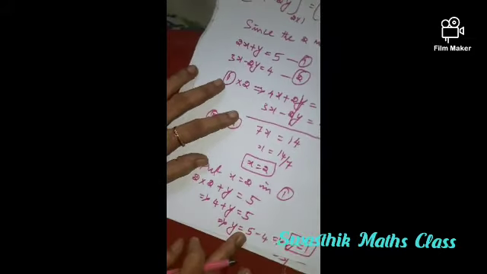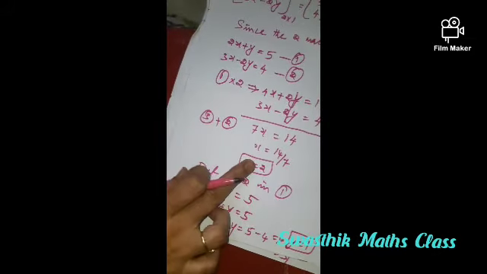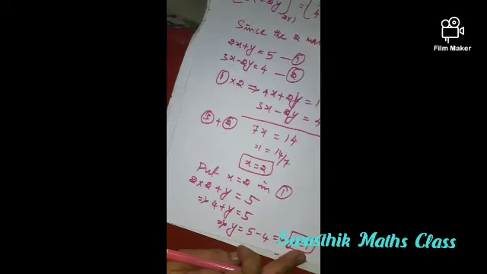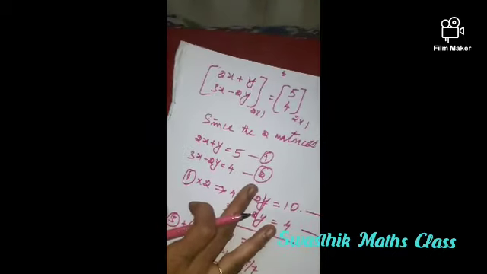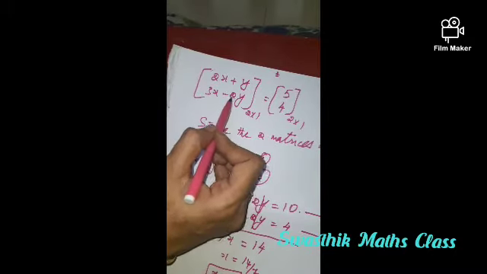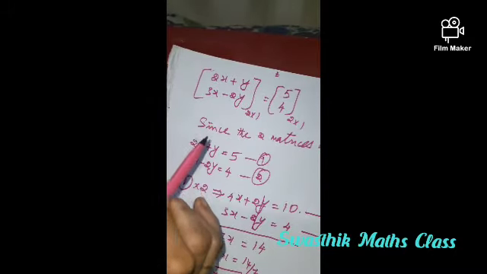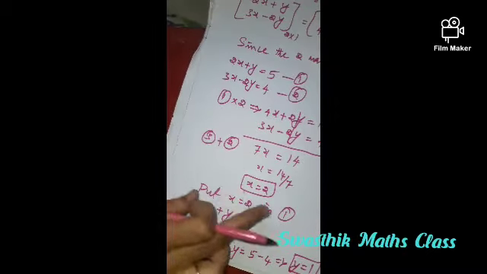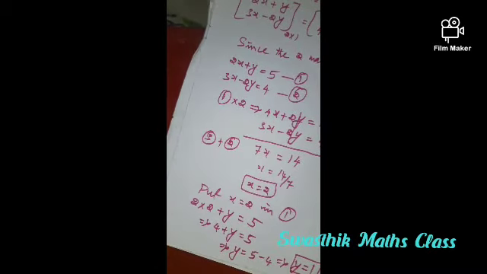So the values are x is equal to 2 and y is equal to 1. We have solved this matrix equation [2x plus y, 3x minus 2y] equal to [5, 4].